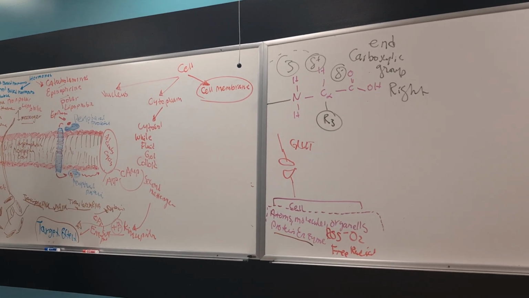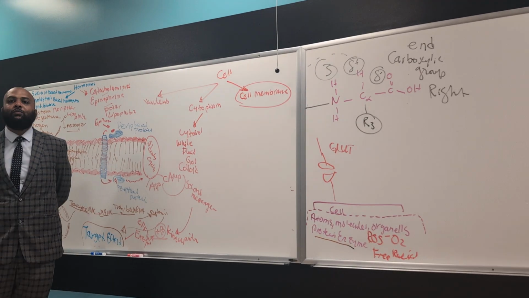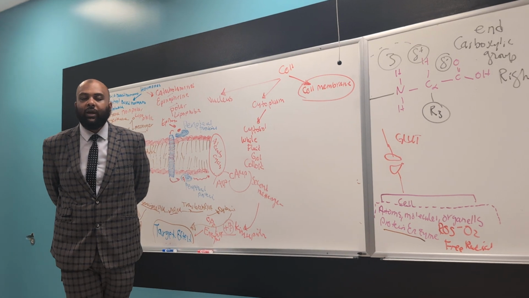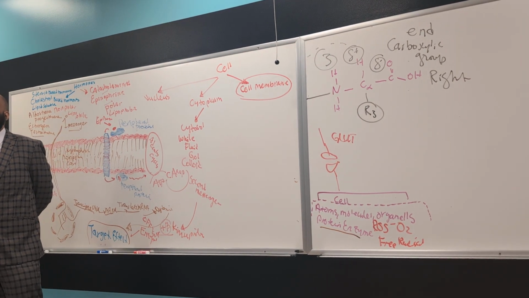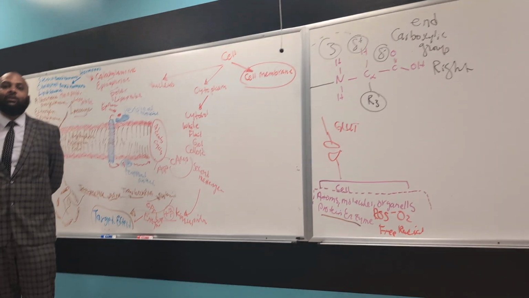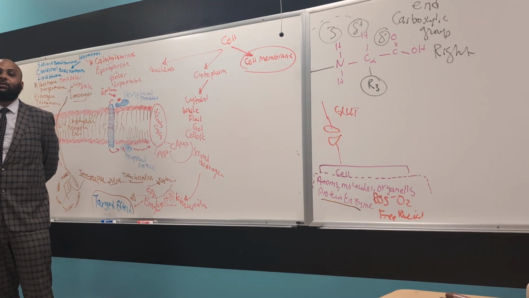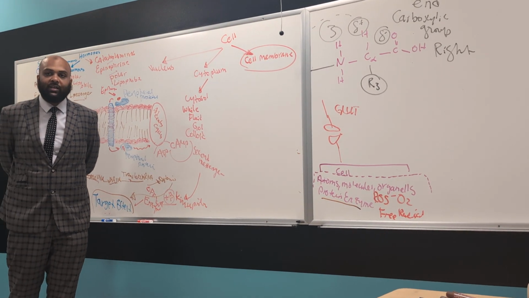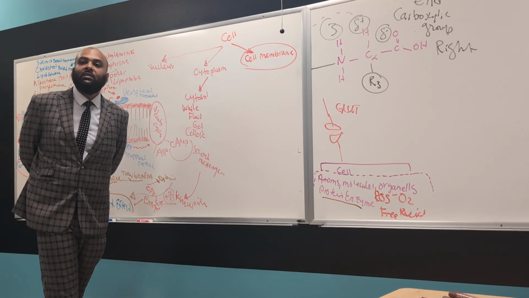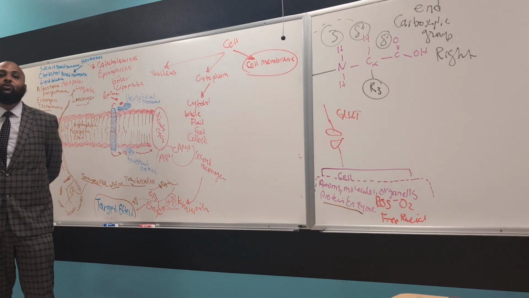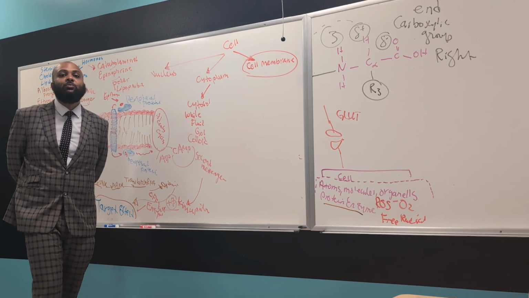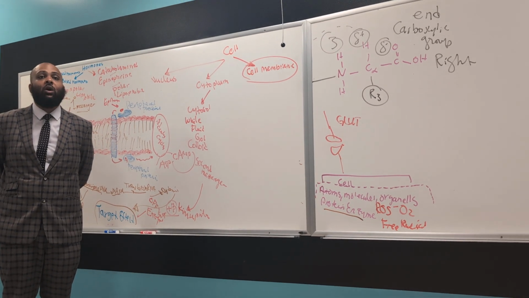So a solution is really tiny particles dissolved in water, like salt and sugar. That's a solution. A suspension is really big particles dissolved in water, such as red blood cells dissolved in plasma. Then you have a colloid, and that is when just proteins are dissolved in water.